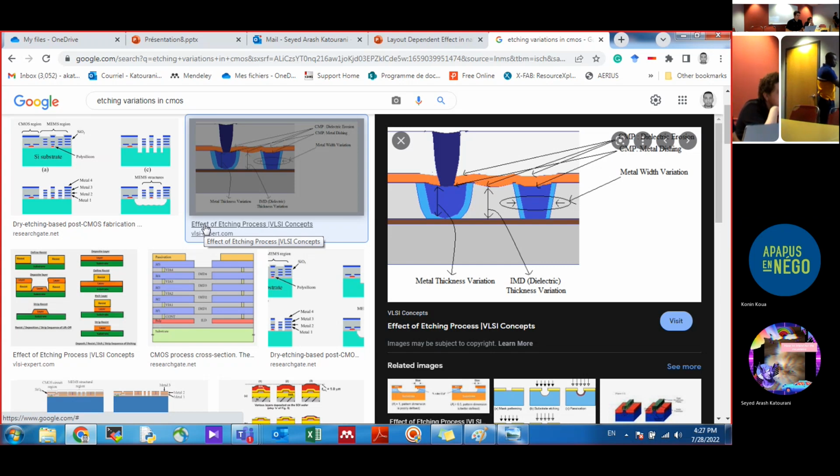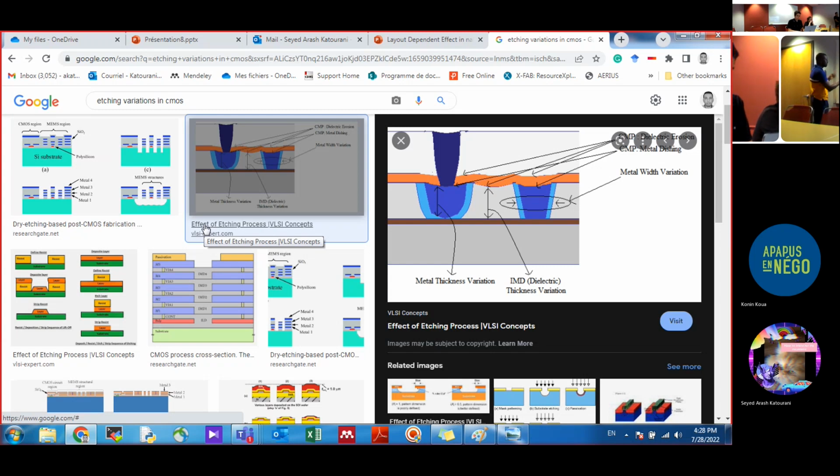But this one, because there is other metal close, and because of all the physical process of the etching, the mechanical polishing, and so on, the final shape will be different because of the technical constraint. If you apply a chemical process, you will have less etching here because there is another constraint than here.